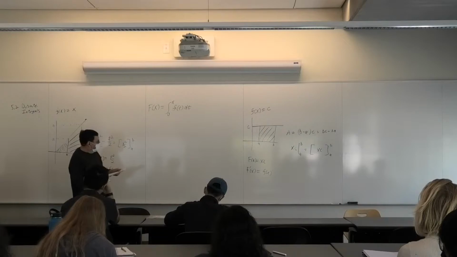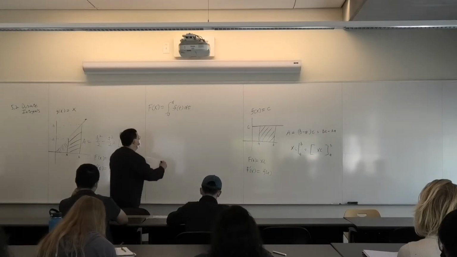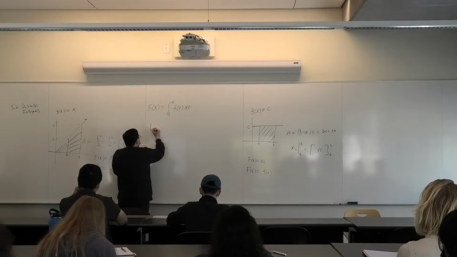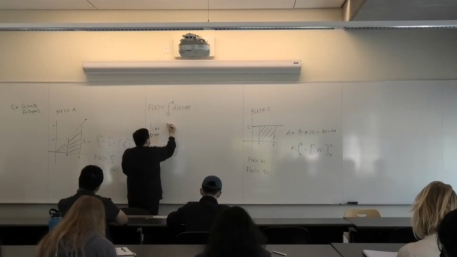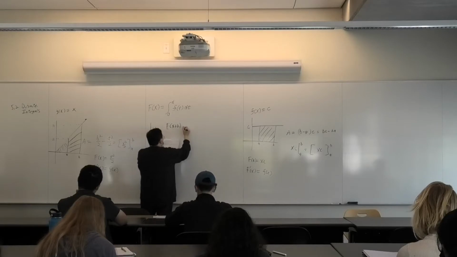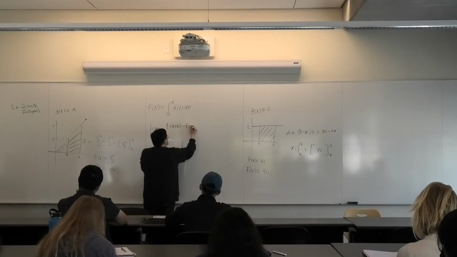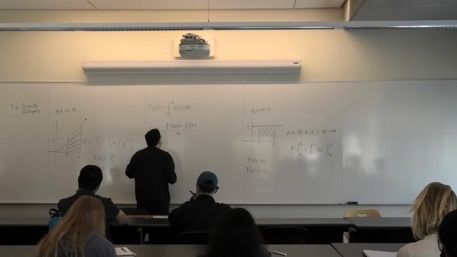All right. Having done that, I want to look at a particular construction here. You'll see the justification for this in a minute. I want to look at the limit as h approaches 0 of capital F of x plus h, minus capital F of x, over h.